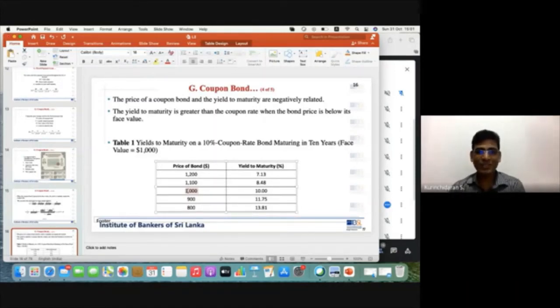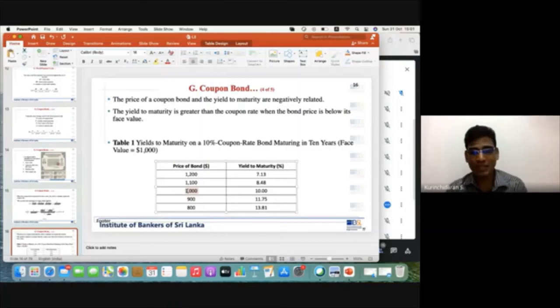What is the face value of the coupon bond? $1,000. Very good. What is the coupon rate? That means the interest rate income we are going to receive. The coupon rate is 10%. Good.